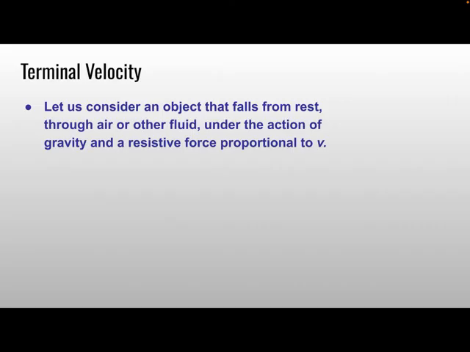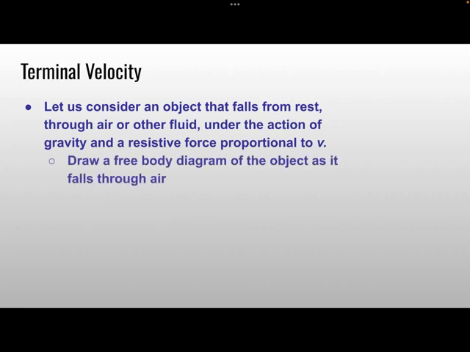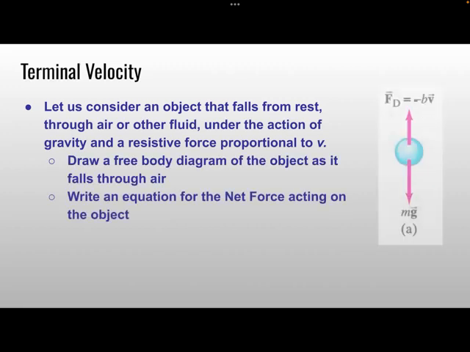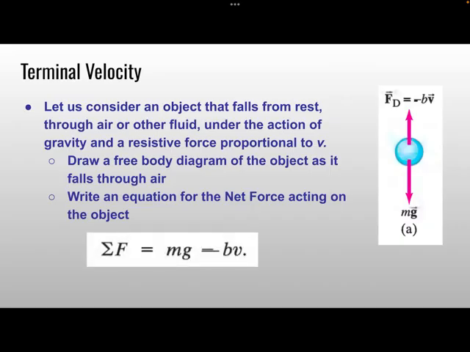So let's look at this object and see what we can find out. Here we have an object falling through the air. We have the weight pointing downwards and the drag force or air resistance pointing upwards. So the net force acting on this object will be equal to gravity minus air resistance, or mg minus bv.